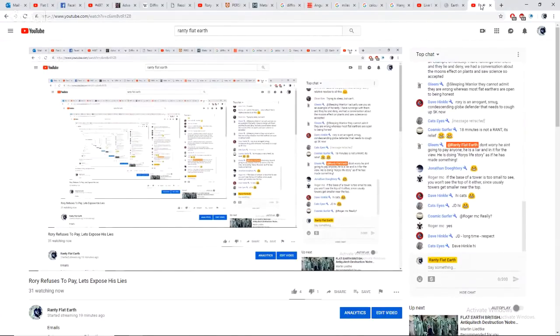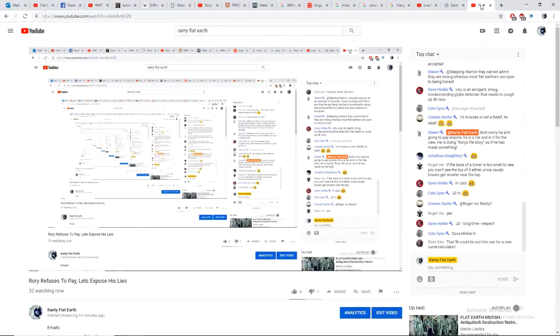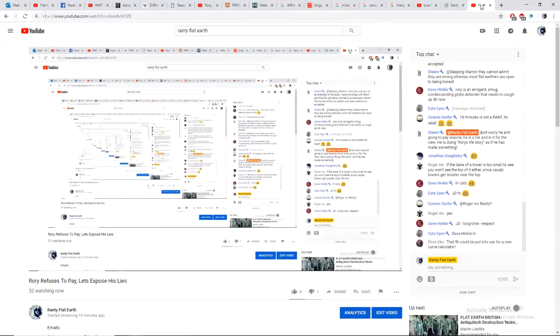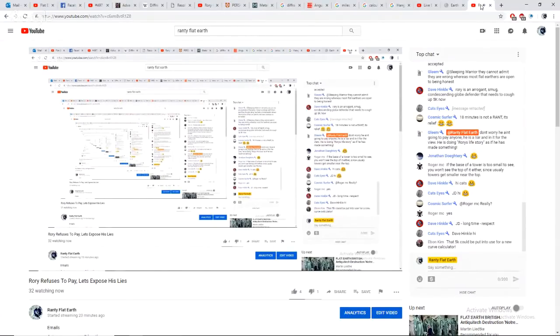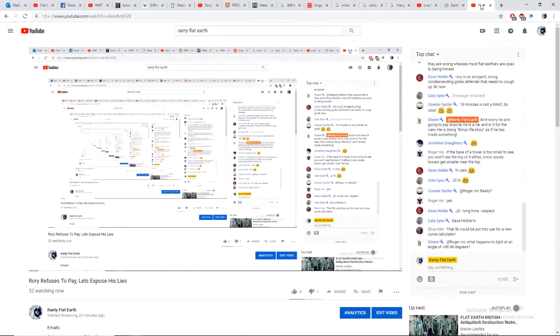Rory's trying to sell his globe earth friends down the river. You've seen that in the email. He's very dishonest. He's wiggling. He's trying to squirm out of this, and there is no squirm. You can't squirm out of it. The angle is too small to be seen in the scenario that I set.